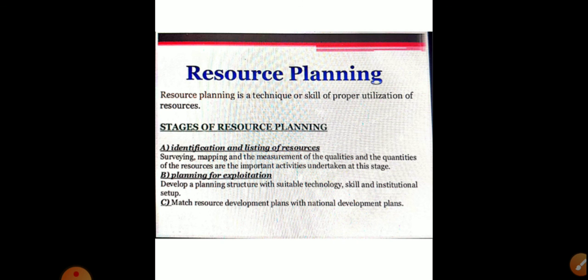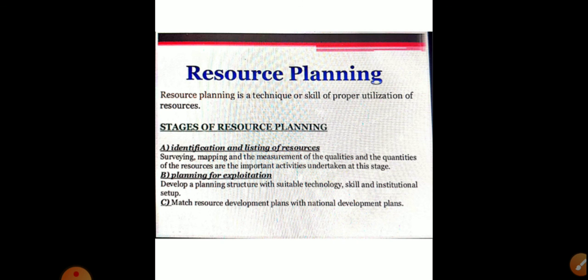Fine. Here I want to tell you about the stages of resource planning. There are some stages of resource planning which involve the process of how resource planning works in India. We can divide it into 3 parts. First one is identification.